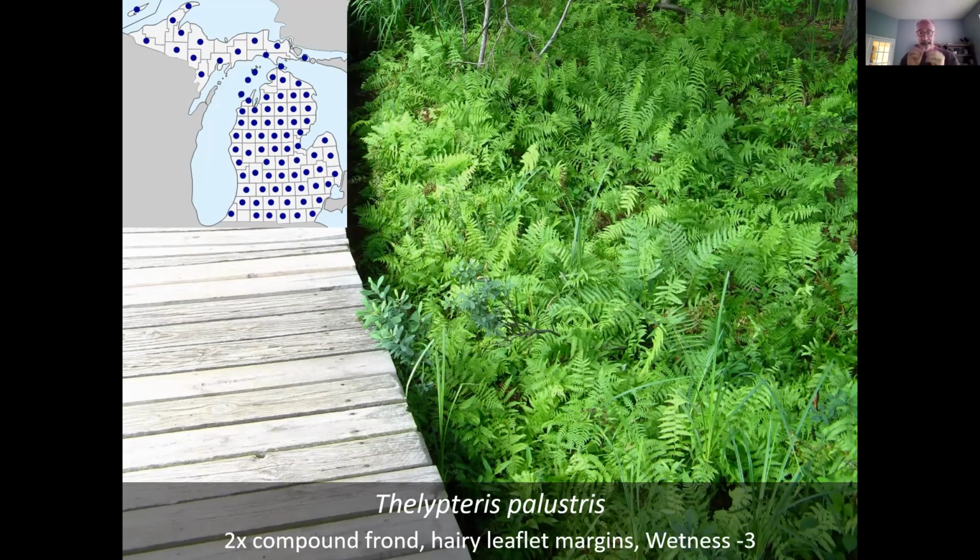But the leaflet margin is always hairy. So on the edge of the leaflet, there'll be these little hairs sticking off. And that's diagnostic. Thelypteris is the hairy family. And of course, it can form very dense stands.